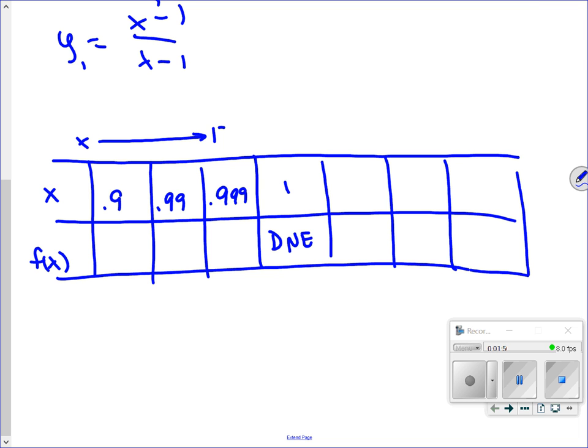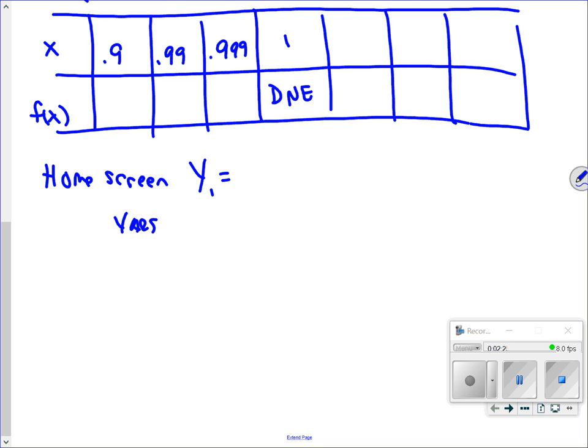And you're going to take your calculators and compute the values that go in the table for that. So that means that you want to go back to the home screen, just as a reminder. One way to do it is go back to your home screen and type in y1 equals, and that's under VARS, your VARS.